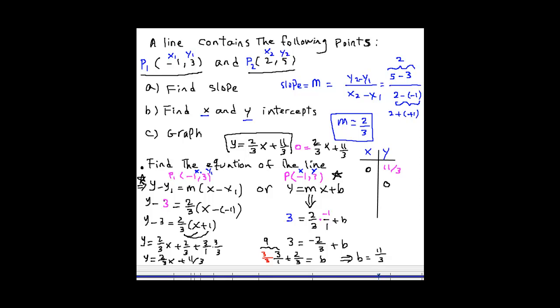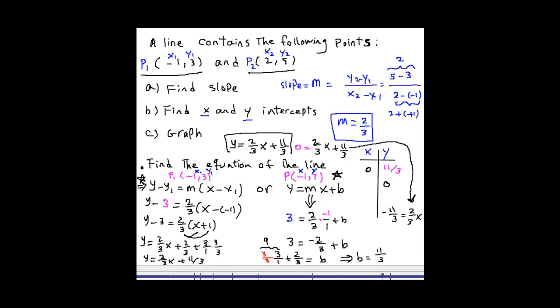So what do we get? Here we get, move 11. Let's continue this over here. Minus 11 over 3 is equal to 2/3 x.